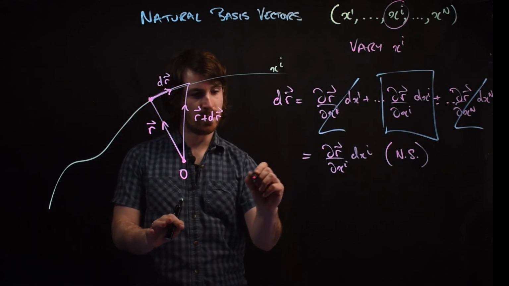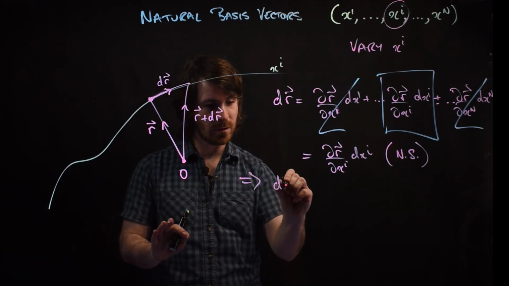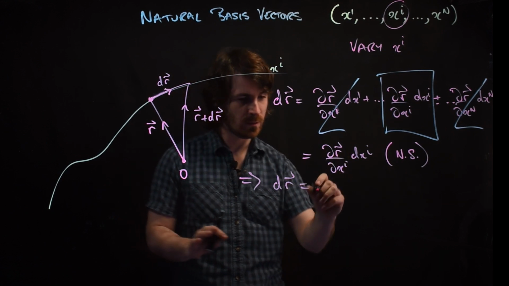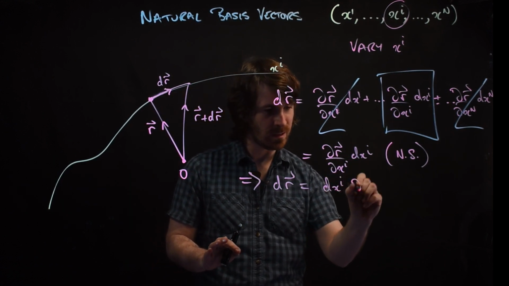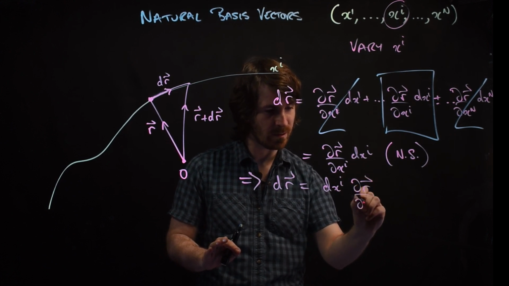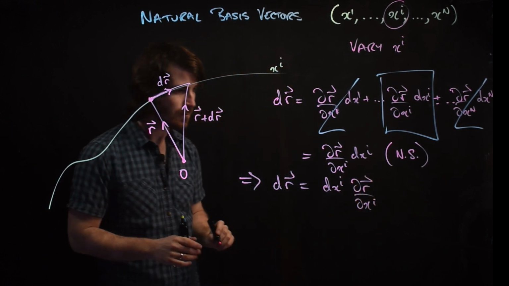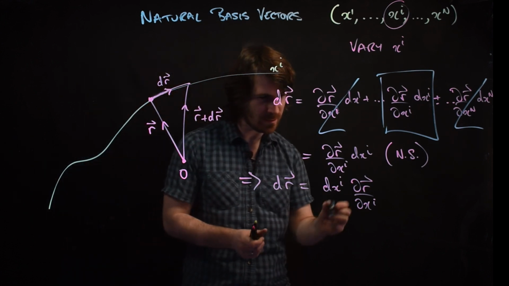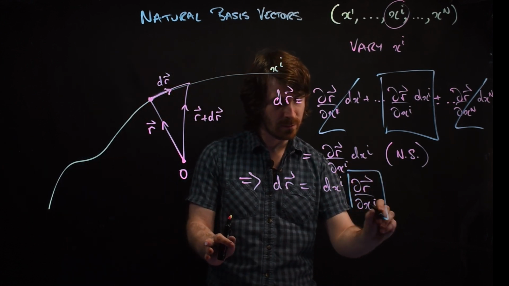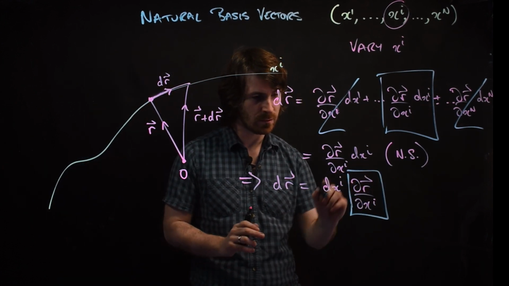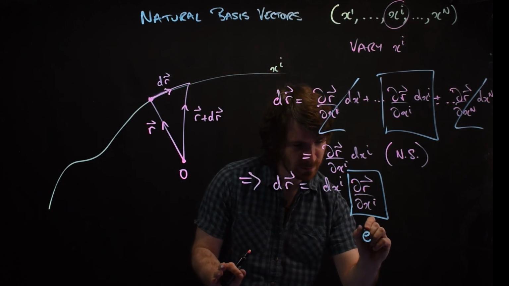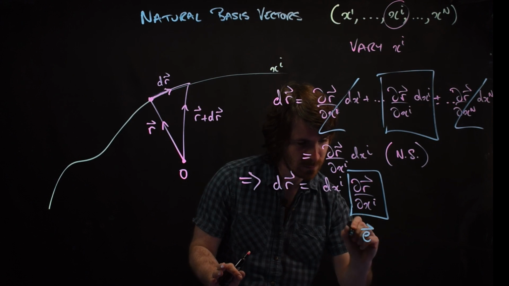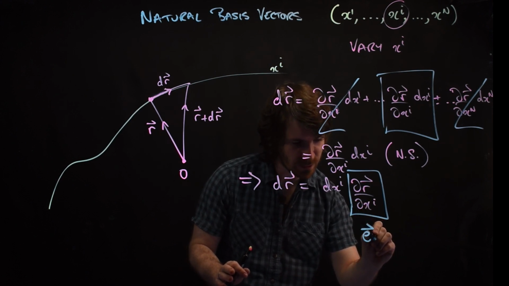So this dr is equal to, let's just rearrange this, dxi times dr by dxi. And we call this the natural basis vector for coordinate xi. We call this E, it's a vector, and we give it a subscript i.